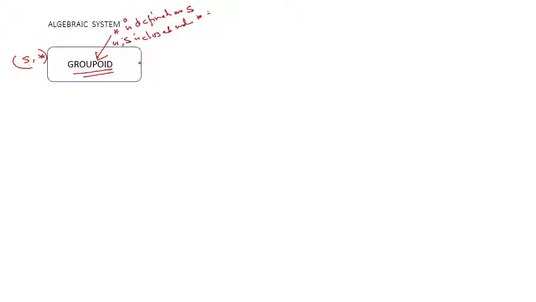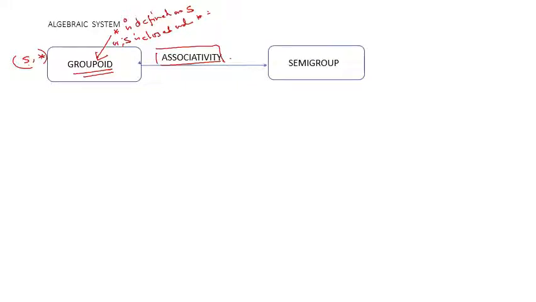Now within this groupoid, আমরা কি করছি, আমরা একটা property add করে দিচ্ছি, which is the associativity property, and we come to this algebraic structure semigroup. অর্থাৎ groupoid এর সঙ্গে যখন আমরা associativity add করছি, we are getting semigroup.